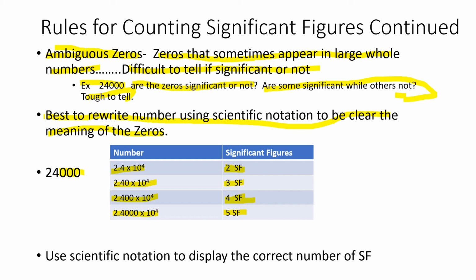But how I choose to represent that number can display some physical meaning to what that number really represents. And that's why significant figures are important. So we can use scientific notation to display the correct number of significant figures when we're dealing with some of these ambiguous zeros.